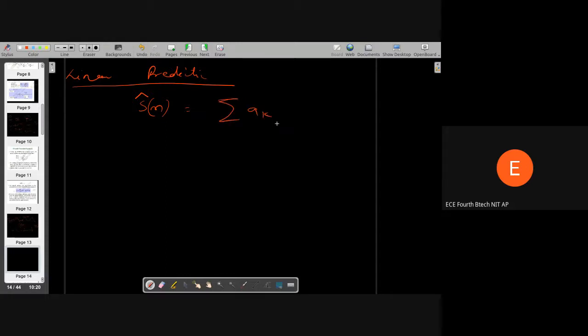You know what linearity is, what a linear operation is. It is a weighted sum of its previous samples, S(n minus k).